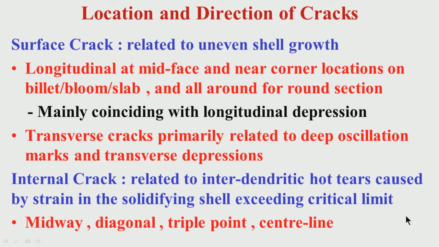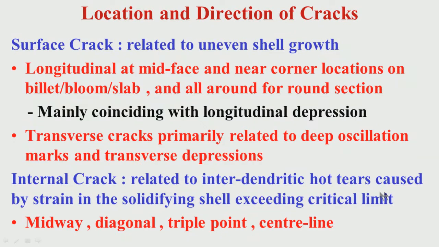That means at intercolumnar or interdendritic locations where the strength is low, the ductility is low, those areas, their crack formation is more probable. There is high possibility of formation of cracks in those areas. So, interdendritic hot tears are caused by strain in the solidifying shell.